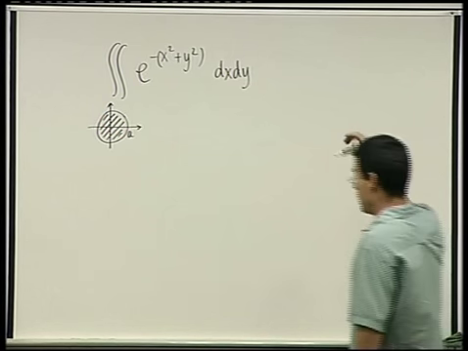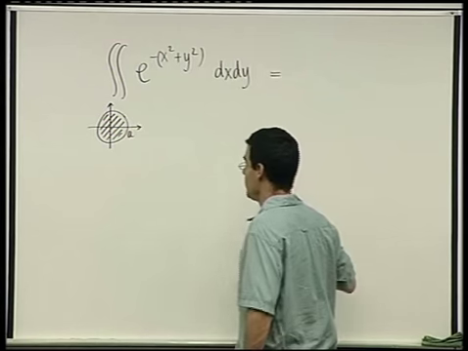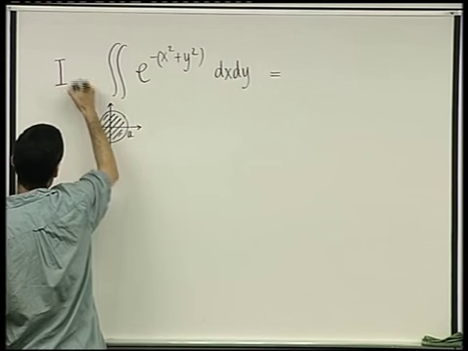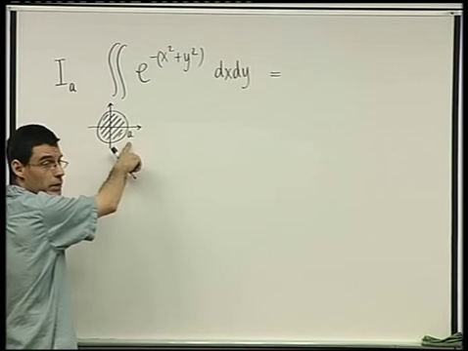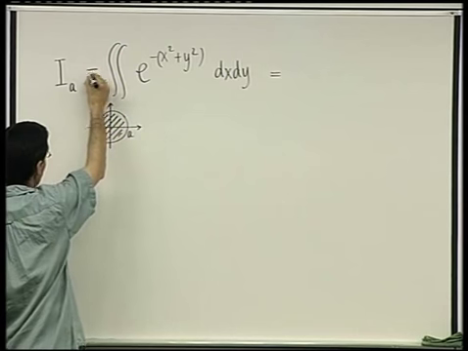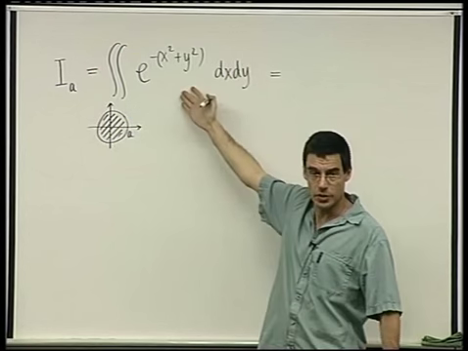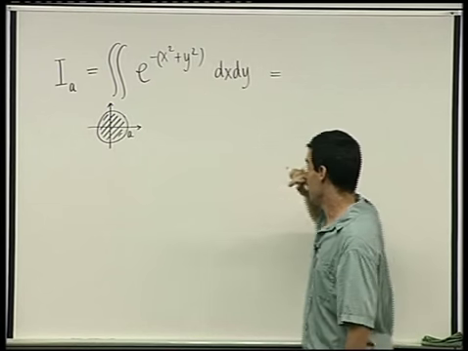Okay, so let's calculate this and see why it helps us. So let's call this I sub a, because this is a parameter here. For a fixed a, if we can calculate this, then this is just a number. Do you agree? Right? Okay.